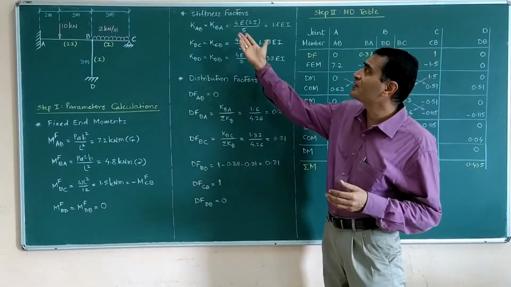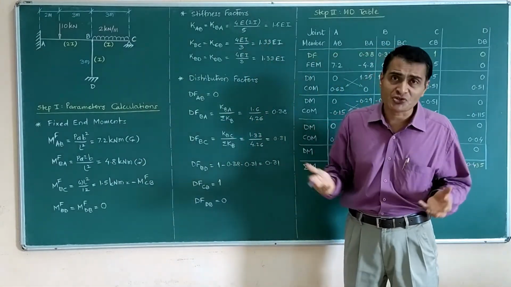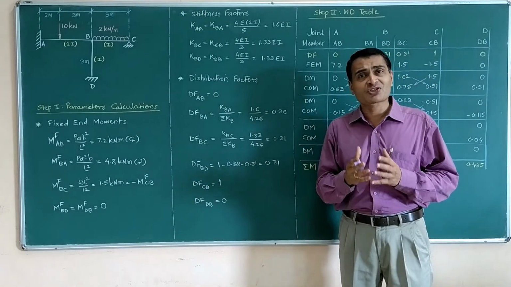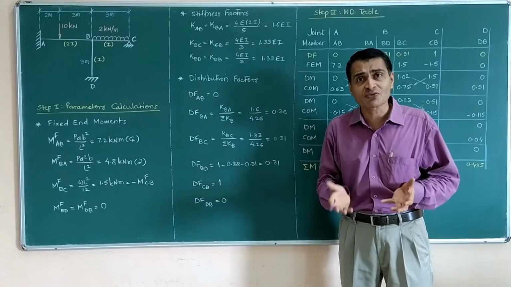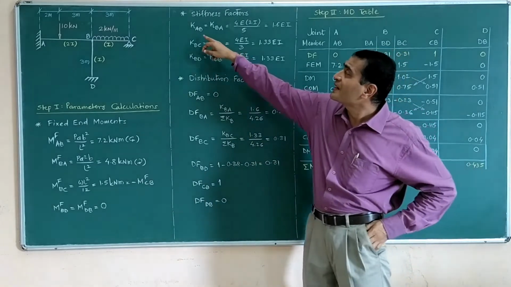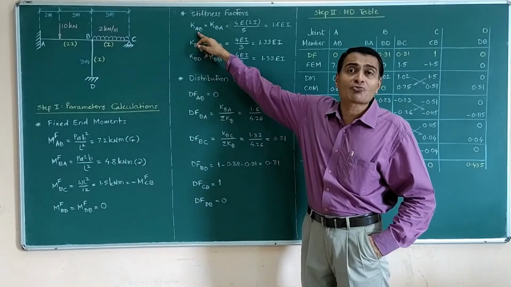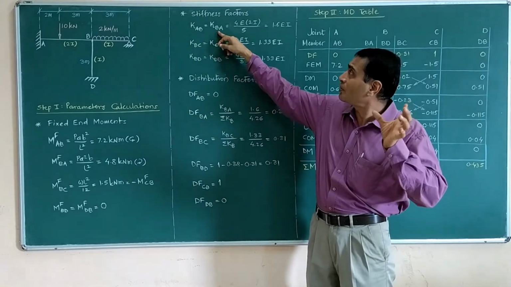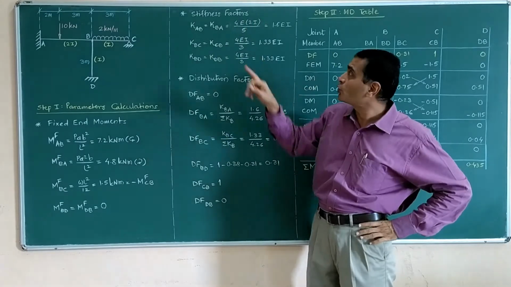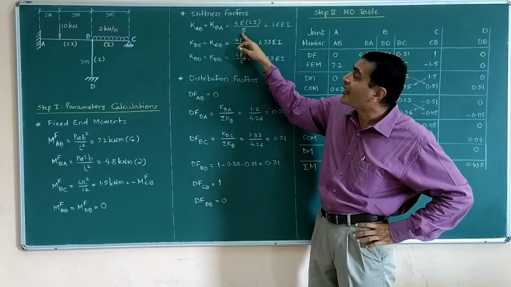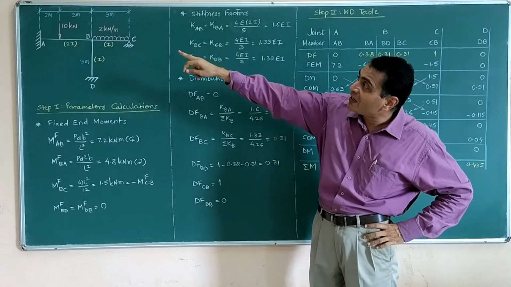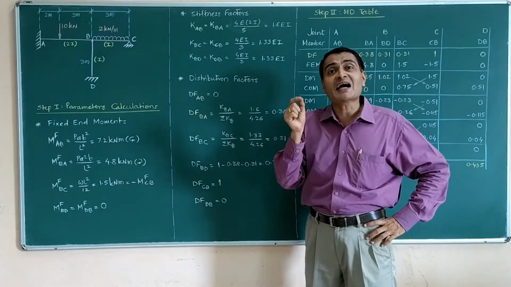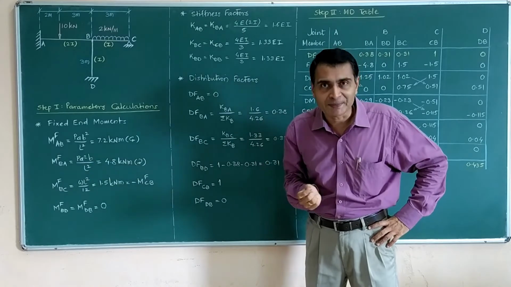Now we go ahead with stiffness factors. We are aware 4EI upon L is our rotational stiffness. So I start with K, the stiffness factor of AB, same as that of BA because we calculated for a member, and it is going to be 4EI upon L. You are observing L, span is 5 meters. Further you are observing that I is 2I.